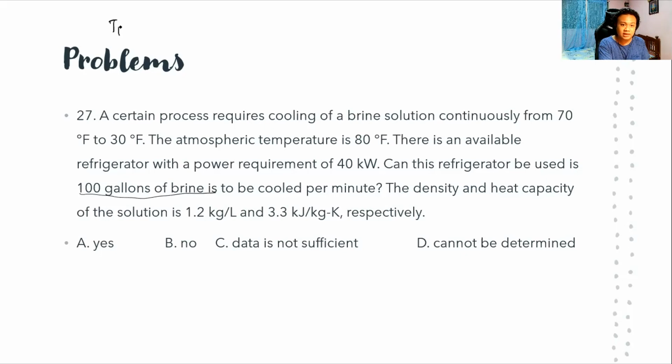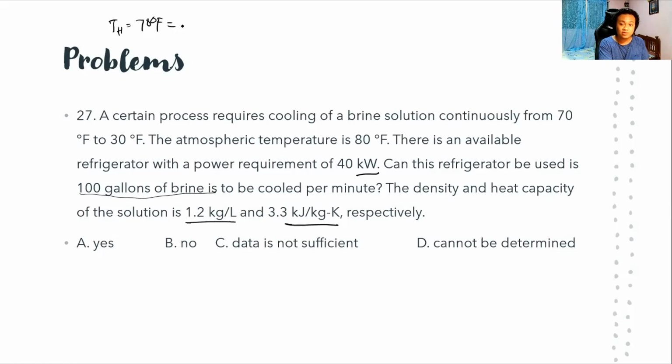So we have T_H, which is equal to 70 degrees Fahrenheit, and let's transform that to degrees Celsius, because maybe it's my personal preference, because most of the givens here are in SI. So I want to work in SI units, but it doesn't really matter actually because the answer is yes or no. It's just a matter of preference to me.